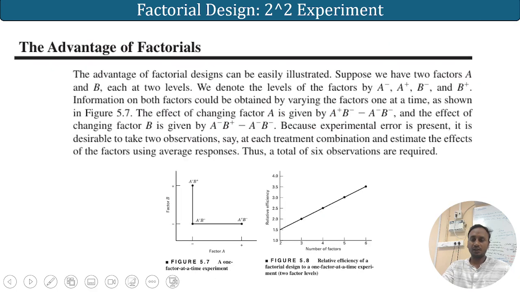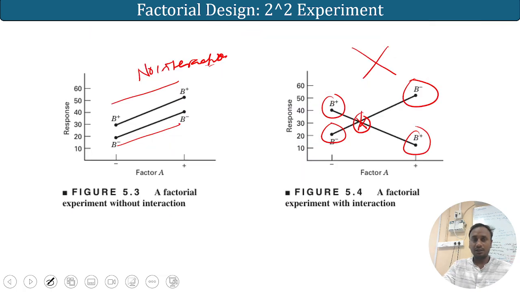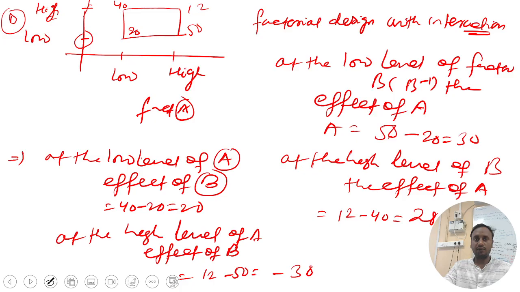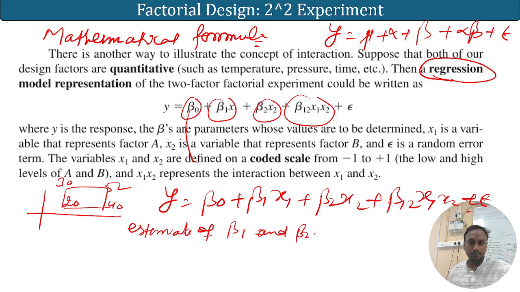So all our things are same. The only thing is that we fit the line. If we go to the first example that we had, 20, 40, 30, 52, we were able to calculate all the values. The estimates of beta 1 and beta 2 are half of the corresponding effect.